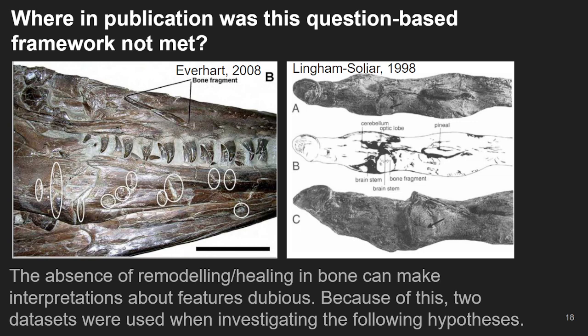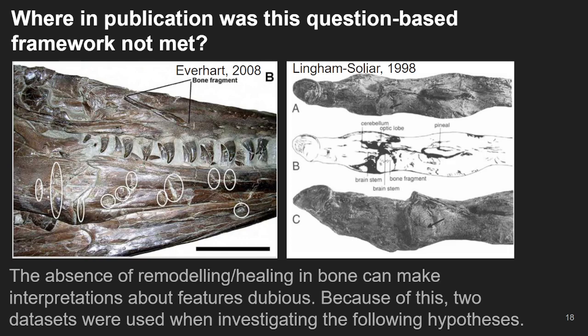So that would be this mosasaur skull here with all of these seeming scratch marks on it, and then a brain from a mosasaur that has a chip of bone in it. Both of these features were attributed to attacks by other mosasaurs, but because of the lack of healing, it is dubious. You cannot totally say that this happened while the animal was alive and was the result that killed it.